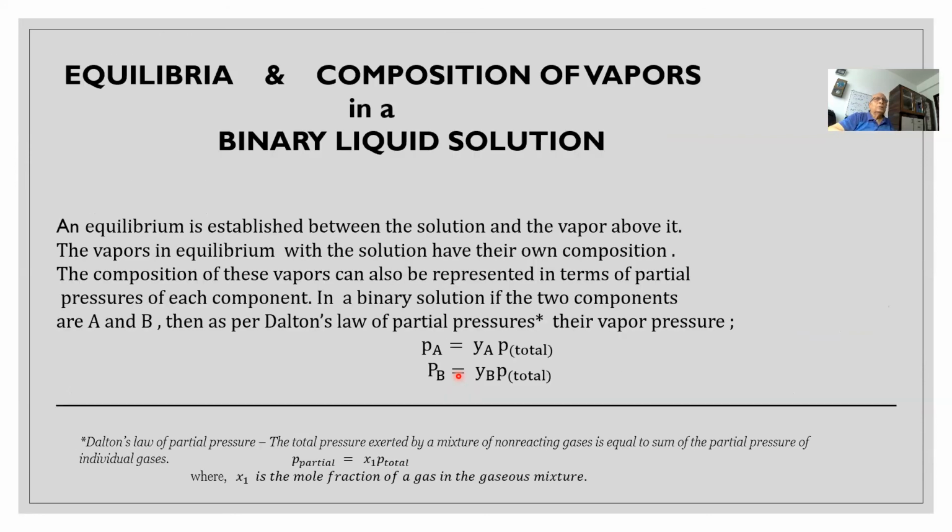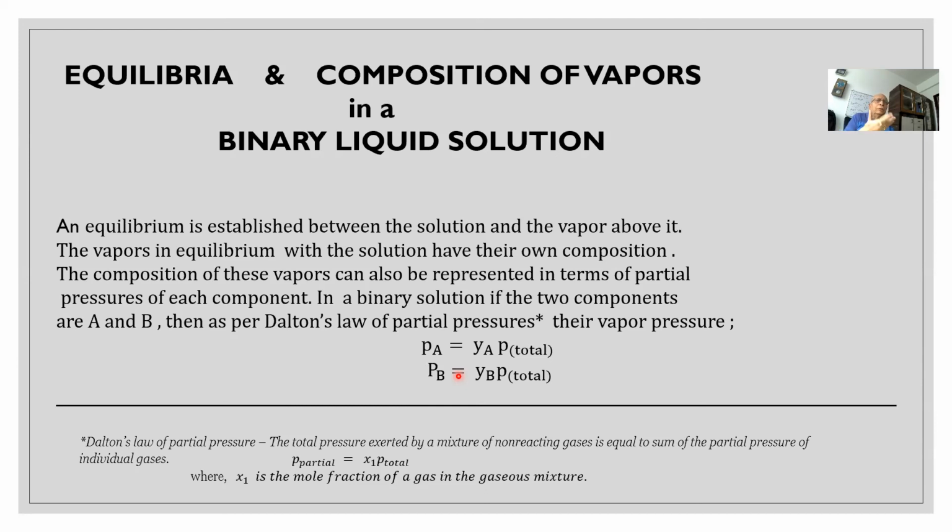Next, we have to take something more. What will happen to the composition of the vapors? What would be the composition of the vapors of the solution? The solution, when vaporizes, also has two components in the gas, vapor of component A and vapor of component B. Both of them exert their own pressures.